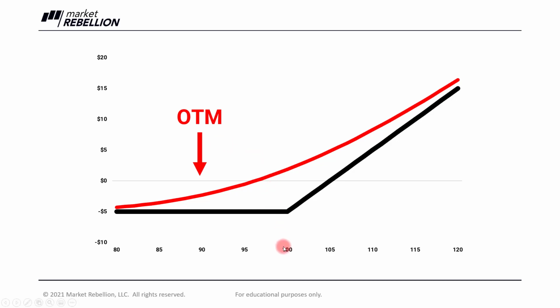We could also consider the at-the-money. Maybe the stock is right here trading at the same level as the strike. That's an at-the-money option. This is where we might make use of what's called gamma, or the curvature, the acceleration of how quickly these profits are going to accelerate. That's a different strategy and therefore a different tool.